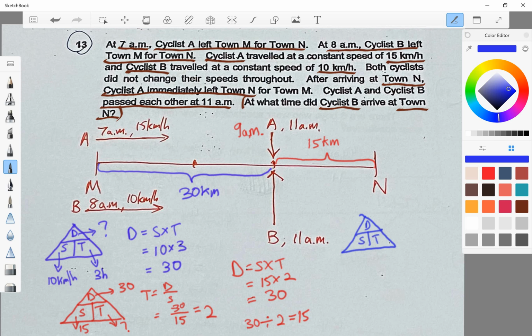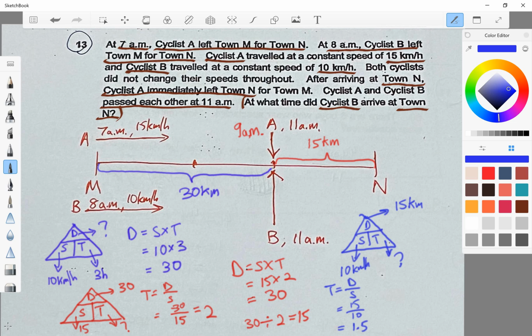And the distance that needs to be covered by cyclist B to get to town end is 15 kilometers, whereas the speed for cyclist B is 10 kilometers per hour. So from there, I can easily get the time. Time is equals to distance divided by speed, which is 15 out of 10. And if I work out 15 divided by 10, I'll get 1.5.